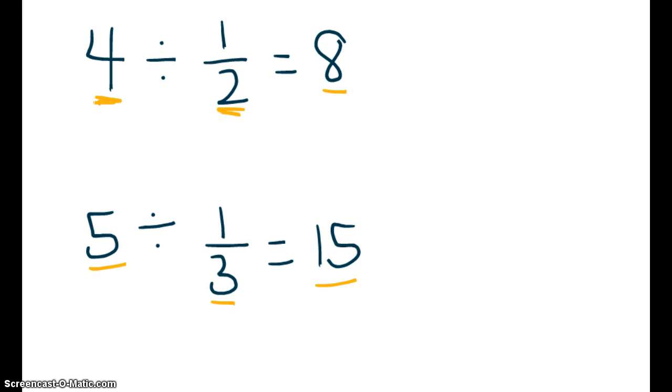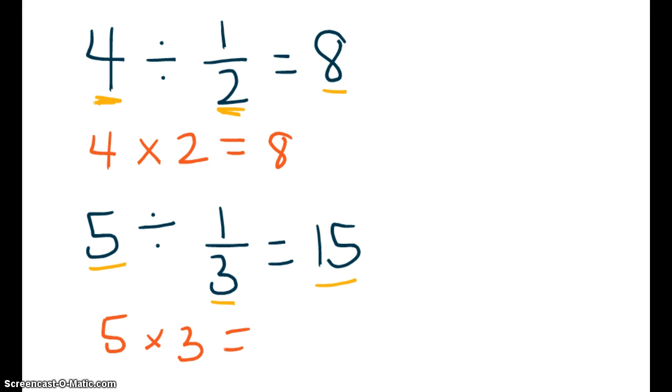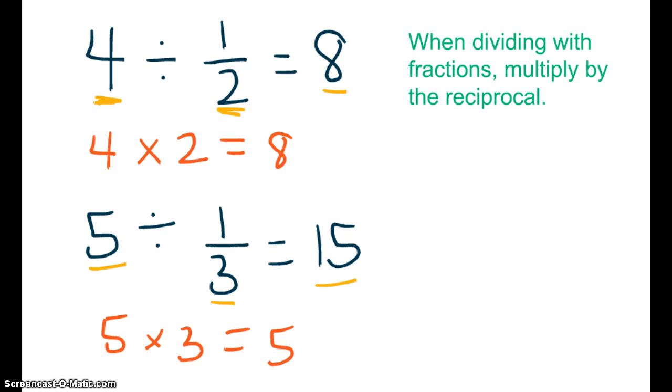Really, what we did is we said 4 times 2 is 8, and 5 times 3 is 15. So, what does that mean? Write this down. When dividing with fractions, you multiply by the reciprocal. Multiply by the reciprocal. Write that down.